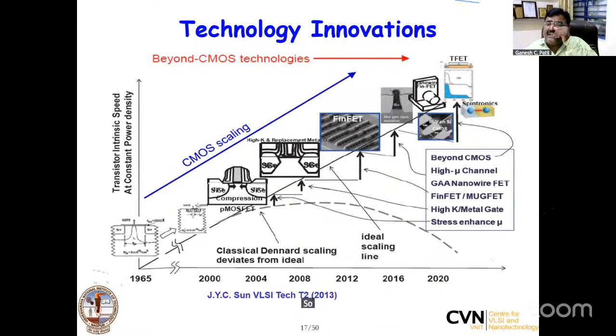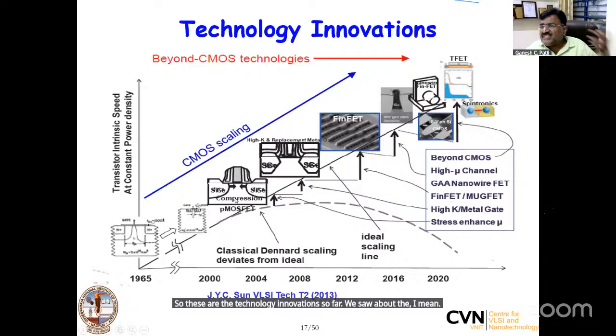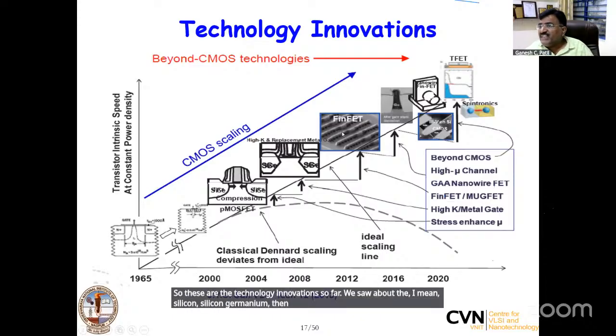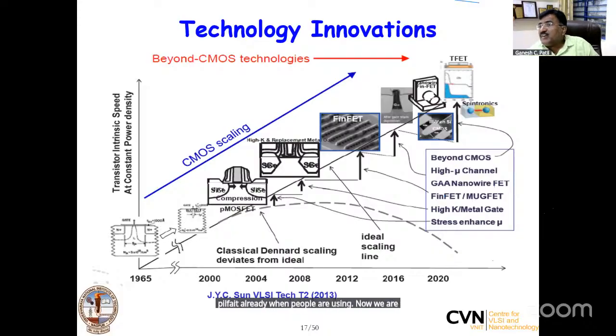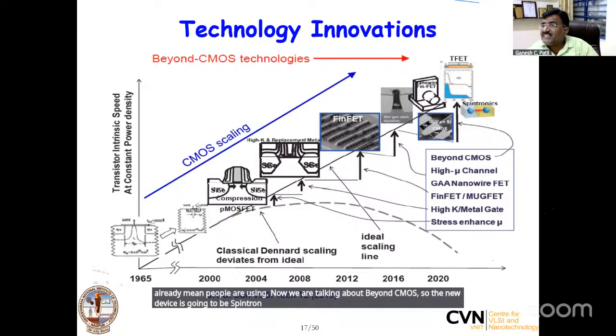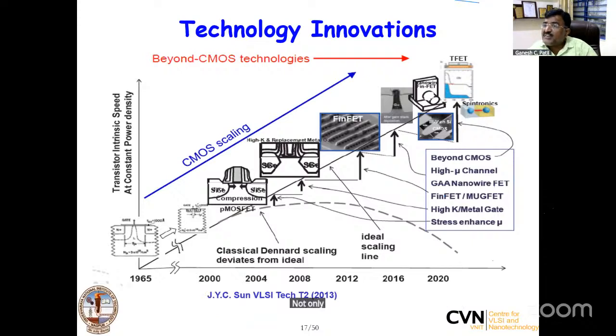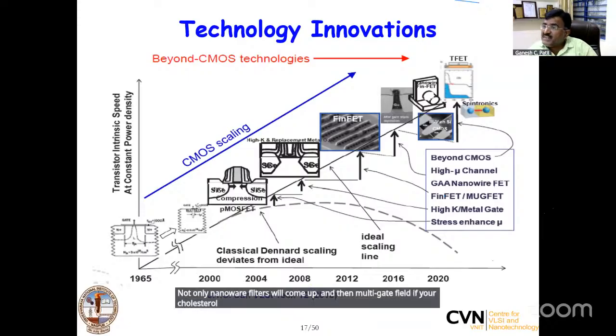So these are the technology innovations so far. We saw silicon germanium, then FinFET, which we have already reached and people are already using. Now we are talking about beyond CMOS. The new devices will be spintronics, tunnel FETs, nanowire FinFETs, then multi-gate field effect transistors, and high-K materials will come up.